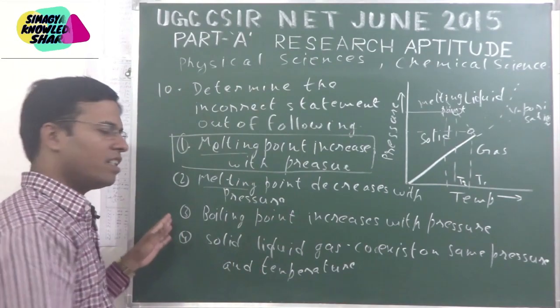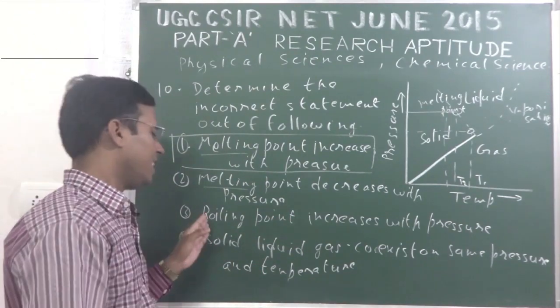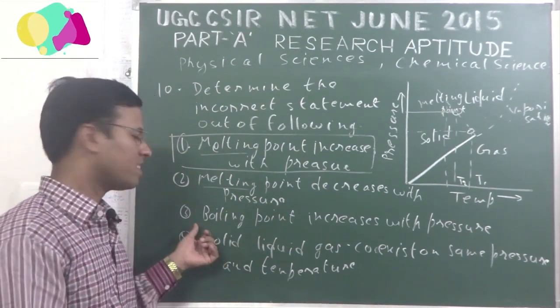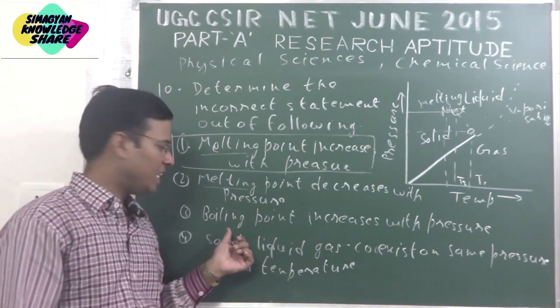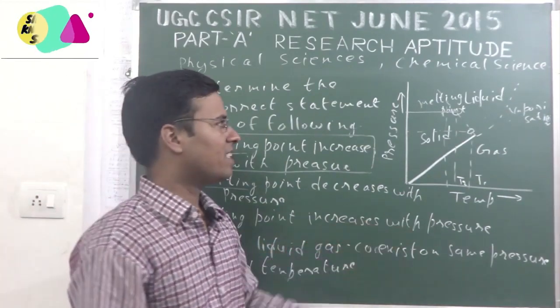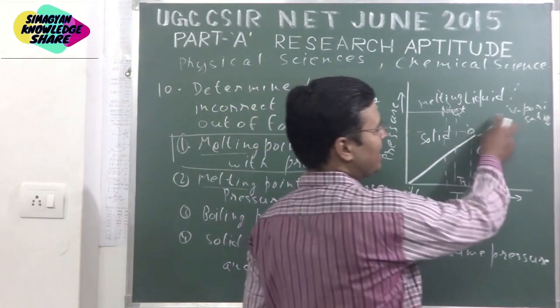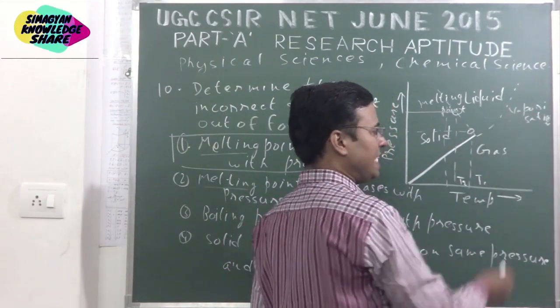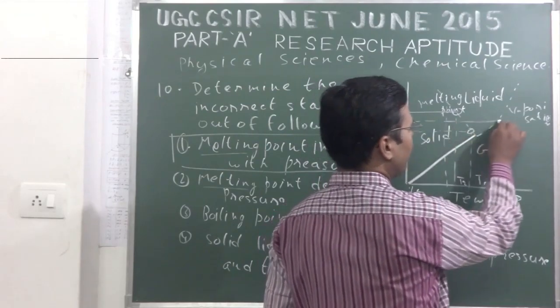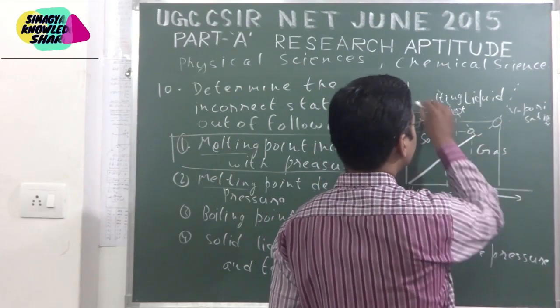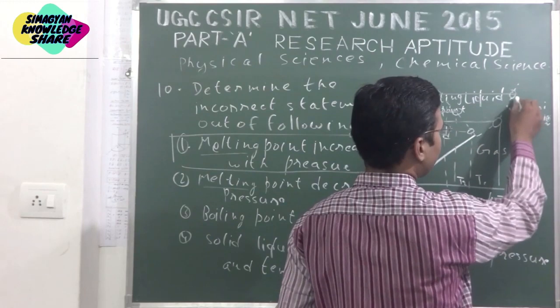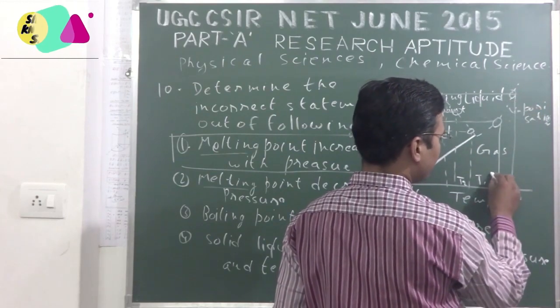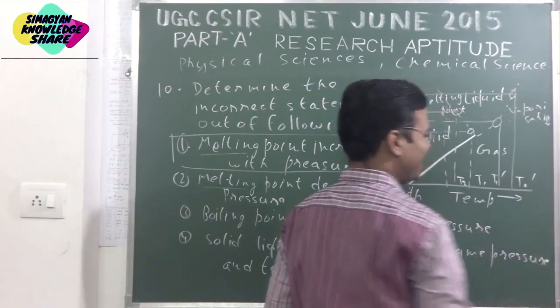The two other options are here. The third statement is: boiling point increases with pressure. It is clear here. At the vaporization curve, the boiling point increases with an increase in pressure. If we increase the pressure, the boiling point would also increase.